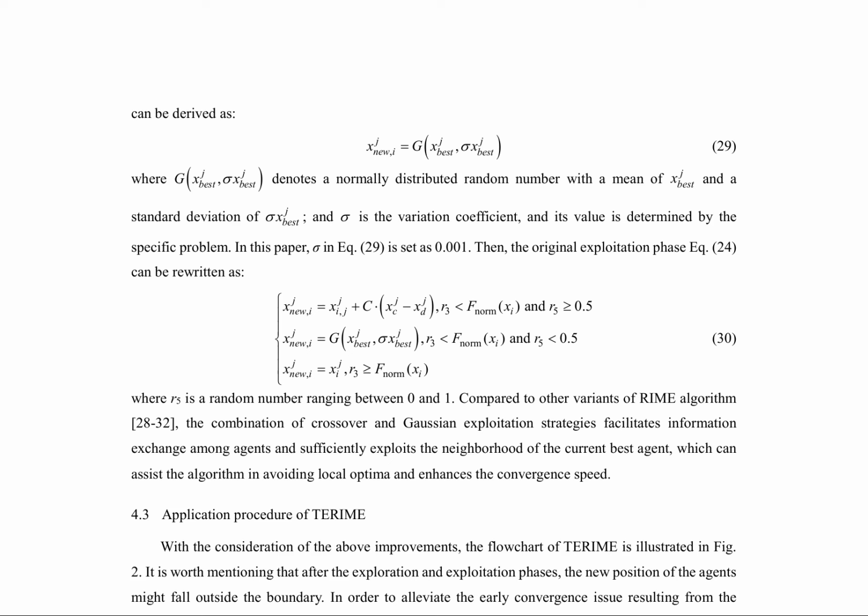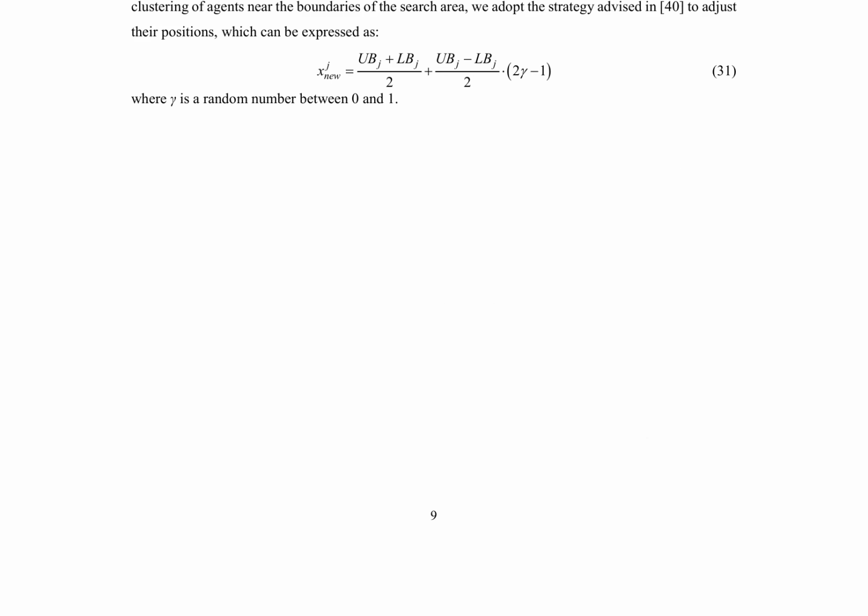In the RIME algorithm, a novel expression for the exploitation phase is derived. The standard deviation sigma is set to 0.001 for a specific problem. The original exploitation phase is rewritten using a normally distributed random number with a mean of x_jbest and a standard deviation of x_jbest times sigma. This new expression combines crossover and Gaussian exploitation strategies, enhancing the algorithm's ability to avoid local optima and improve convergence speed.